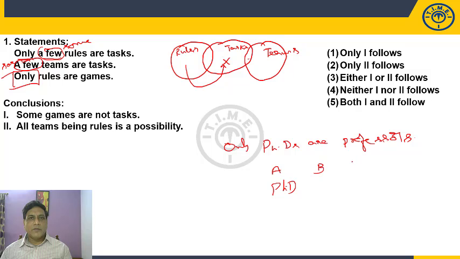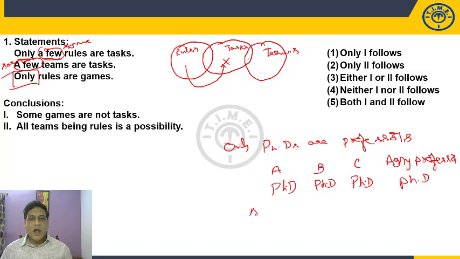You come across Professor B. So definitely we can say that Professor B is also a PhD. Professor C, PhD. Any professor, PhD. So can we say that all professors are PhDs?